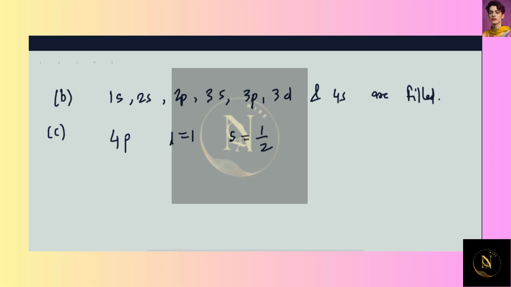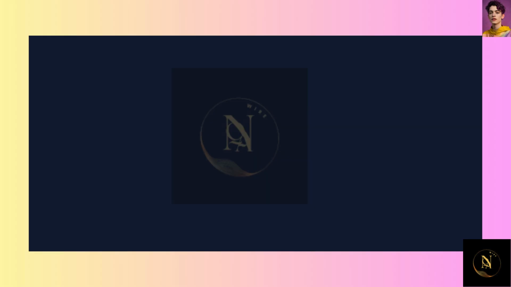So the possible values for the total angular momentum quantum number J can be either L plus S, which is 1 plus 1 half, gives us 3 half. And it can be L minus S, 1 minus 1 half. So it can be either 3 half or 1 half.